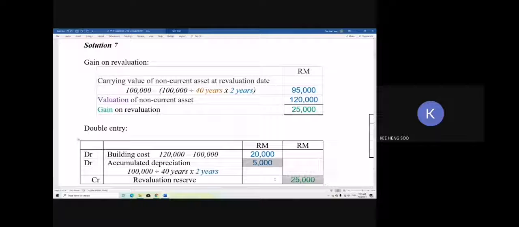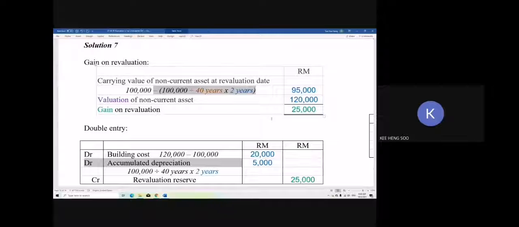But last week, if you go through the tutorial, in fact, I debit accumulated depreciation. IAS 16 says you should credit the building first. That's how you minus the 5. The first journal entry is debit accumulated depreciation, credit building.